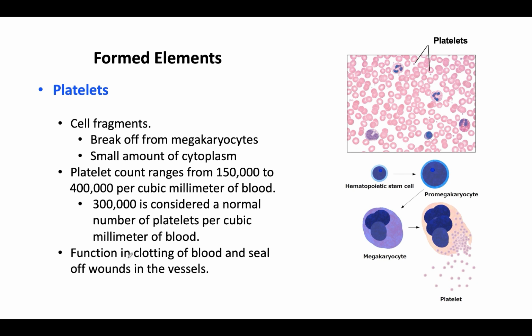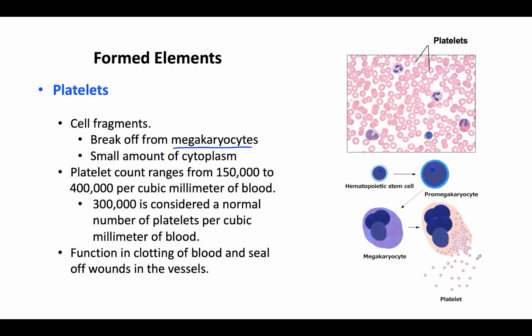The last one in the formed elements is platelet. Platelets are cell fragments generated by breaking off from megakaryocyte. Here's a megakaryocyte cell, and cytoplasmic portions of the megakaryocyte split off, and each split-off piece forms a platelet.